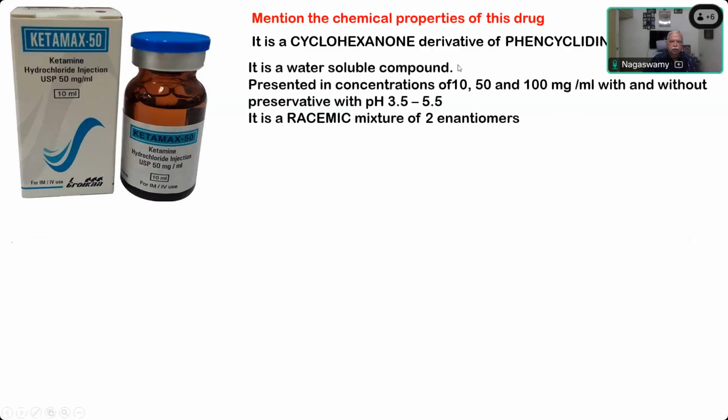It's a water-soluble compound presented in concentrations of 10, 50, and 100 milligrams per ml, with or without preservative, with a pH of 3.5 to 7.5. And it is a racemic mixture of two enantiomers, both dextro and levo or S and R forms. That is why nowadays, as I told you, R-ketamine is becoming more popular.